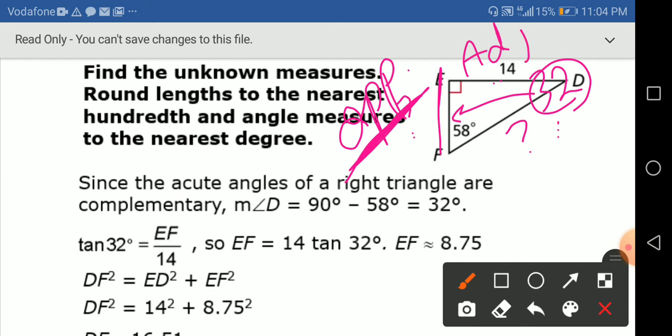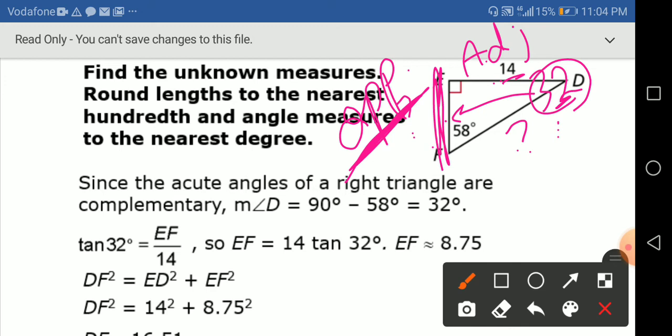I have this 32, and I have this 14, and I need to know this side. Which one will I use? It's tangent of angle 32, because tangent equals opposite over adjacent, and I don't know the hypotenuse. That's why I use tangent of angle 32.